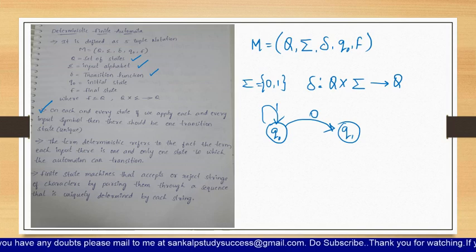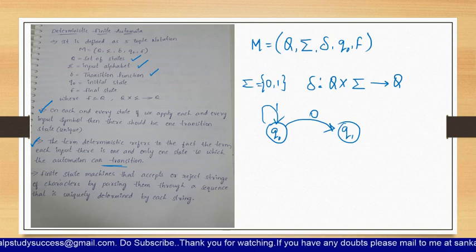Here, let us see the same thing once more. The term deterministic refers to the fact that for each input there is one and only one state to which the automaton can transition. That means one and only one transition should take place for any input string.